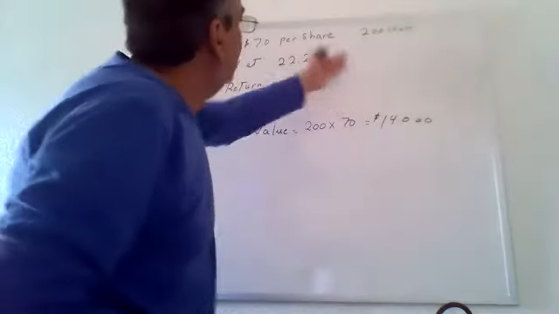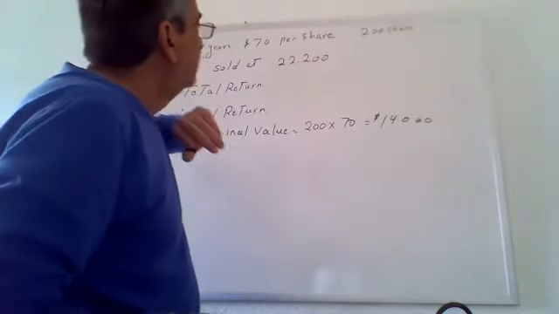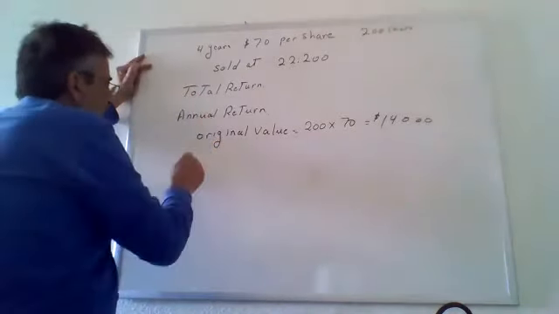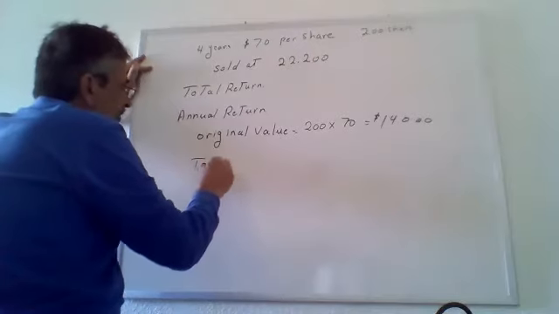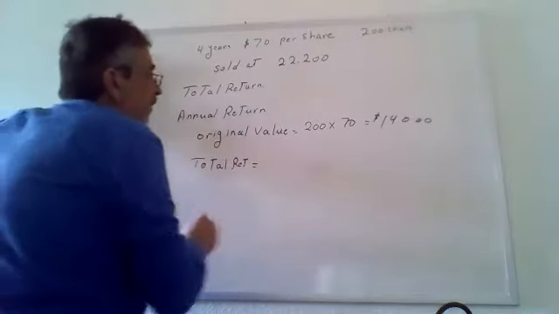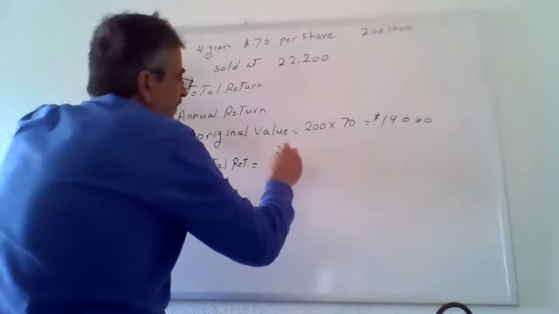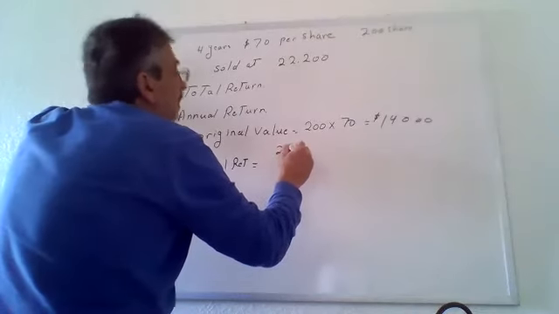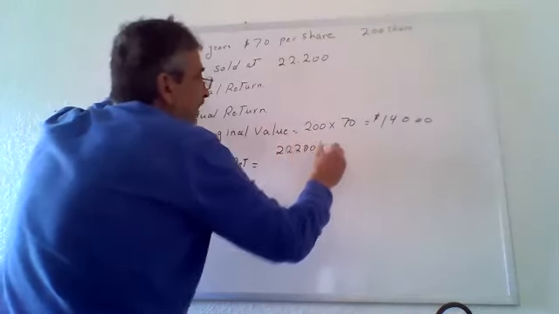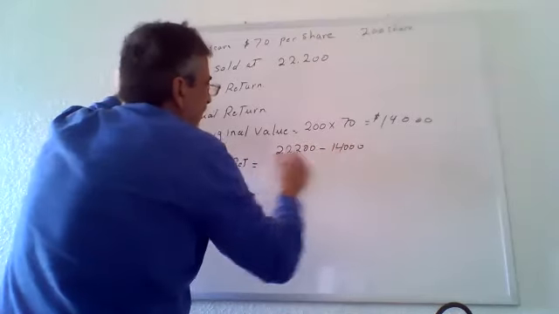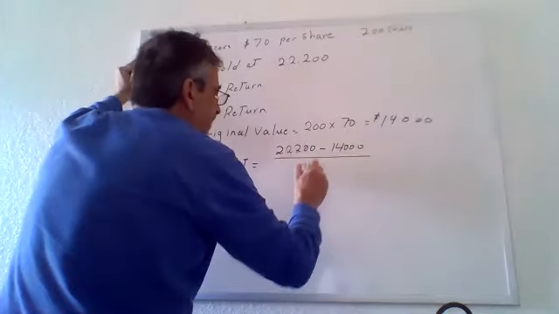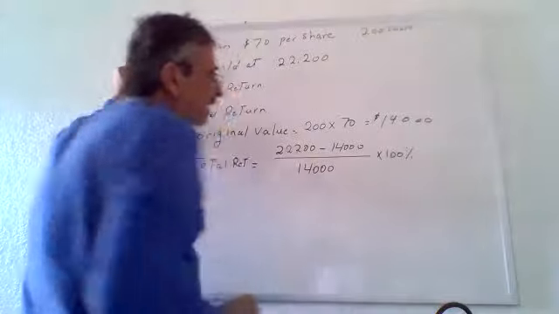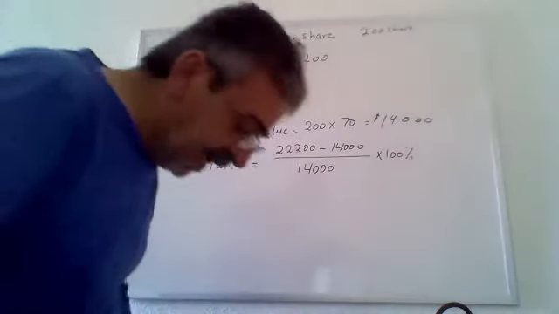So we sold it at 22,200. Now we can say the total return equals 22,200 minus 14,000, divided by 14,000, times 100%. The 100% is to change that amount to a percentage.